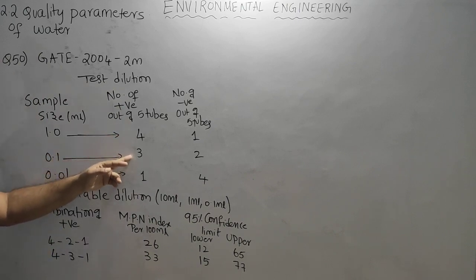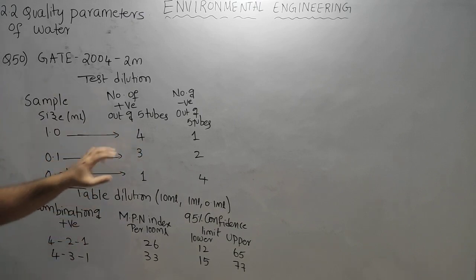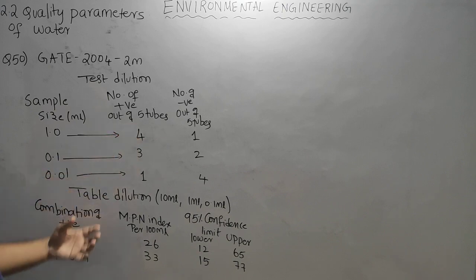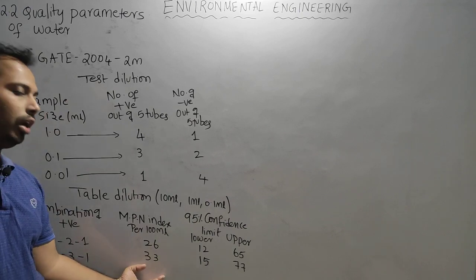Here we got the positives as 4, 3, 1, so these are the test dilution positives. We need to take the data from the table corresponding to these positive values. From the table, this positive is matching with this positive, so we take the MPN from where we get the same combination.